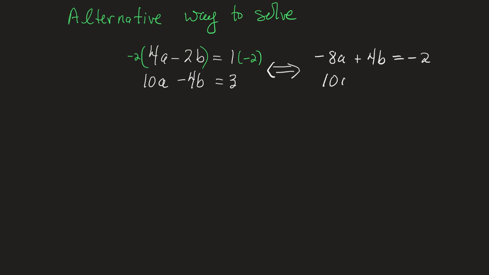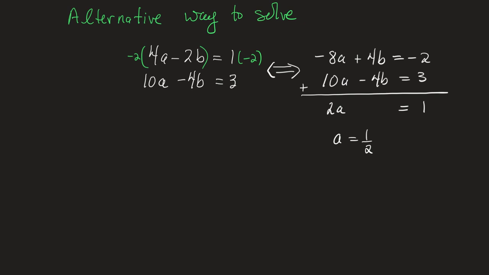And 10a minus 4b is 3. And then I can add the two equations. And minus 8a plus 10a is 2a. And as I said, 4b minus 4b is 0, so I got rid of the b. Minus 2 plus 3 is 1. And so now I have the equation 2a is 1, so a is 1/2, as we got earlier.